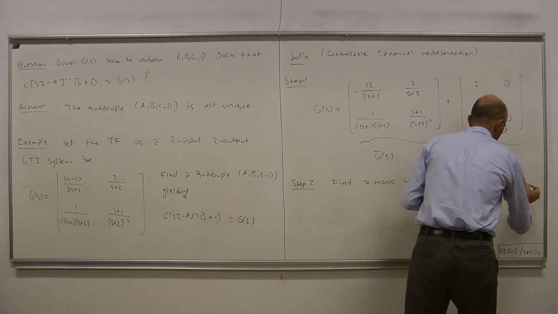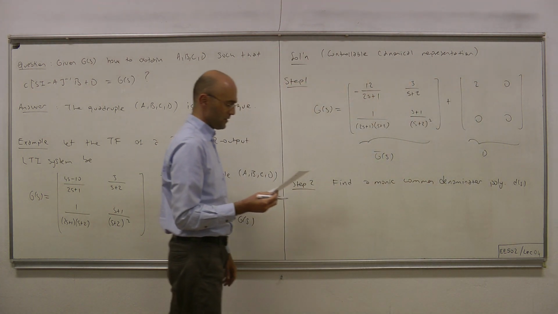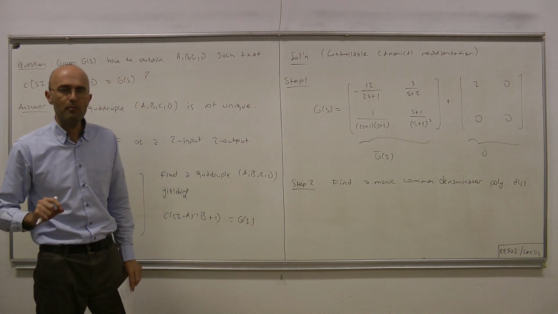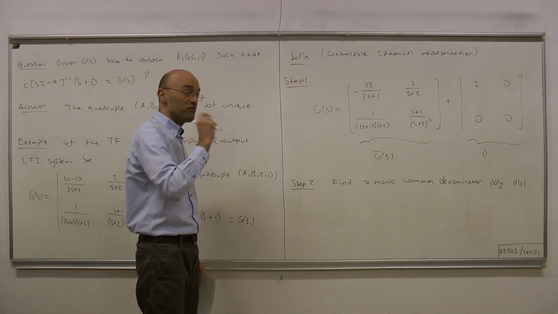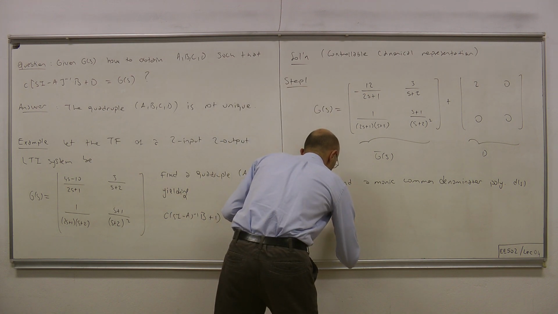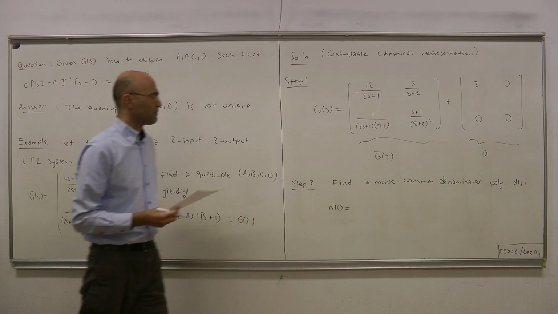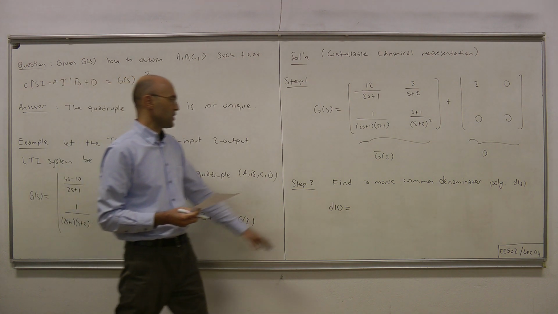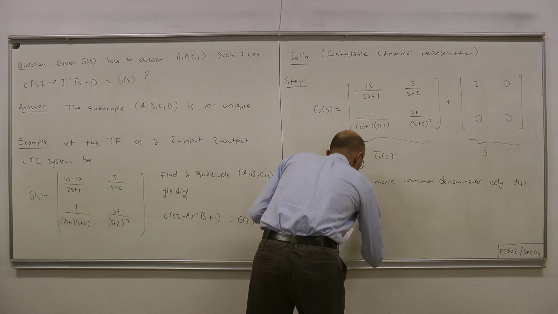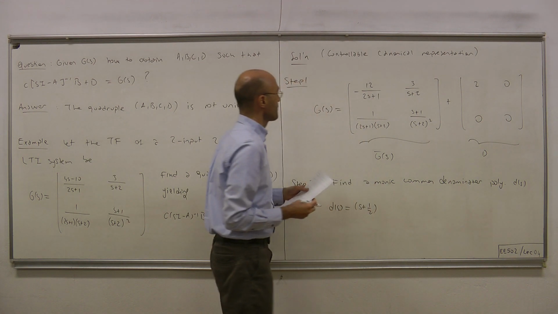Okay, and we're going to call it d of s. Monic simply means that the coefficient of the highest order term is 1, and one such polynomial is the following: d of s equals s plus 1/2.